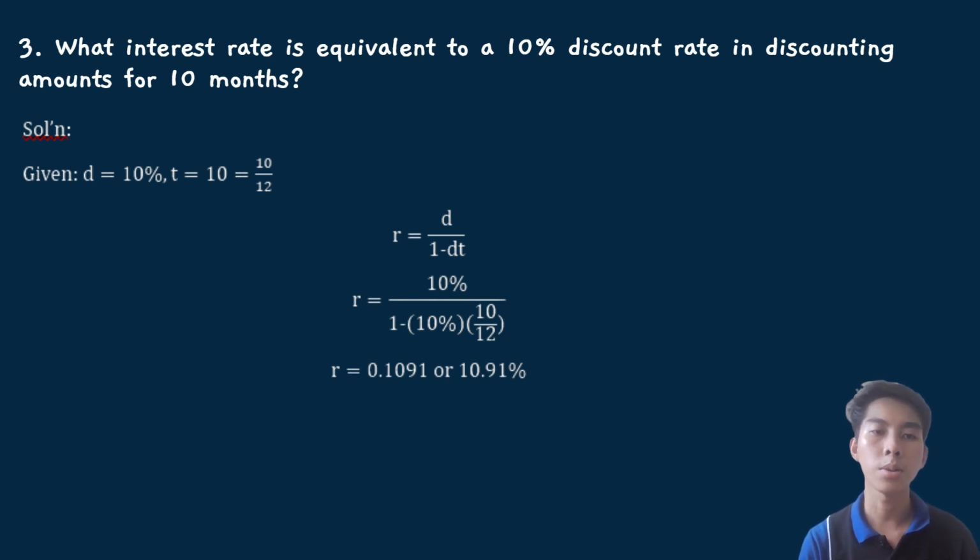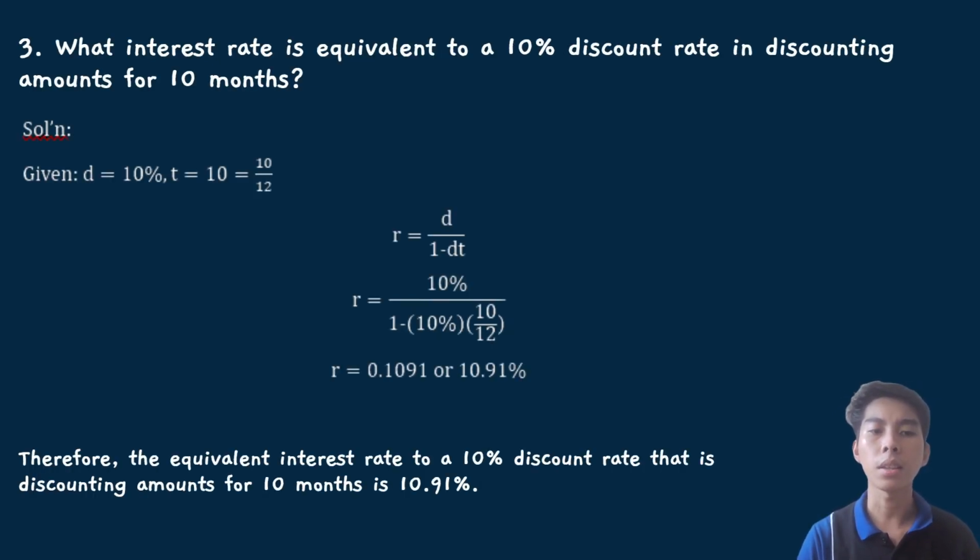So we just simply use the formula for R, D over 1 minus DT. Then simply substitute the given values to the formula. We have R is equal to 10% over 1 minus 10% times the time, which is 10 over 12. That gives us a result of 0.1091, or converted to percent, 10.91%.